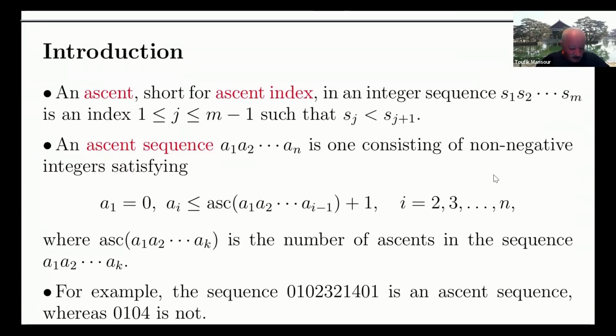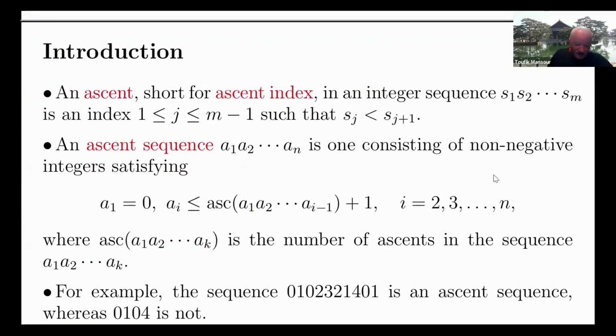An ascent in an integer sequence is an index j such that a_j is less than a_{j+1}. That means a rise, or ascent.